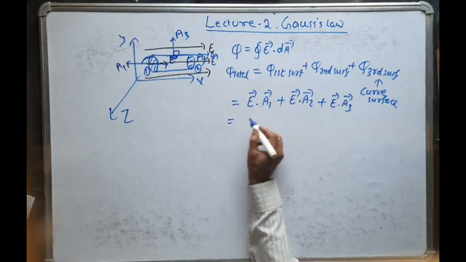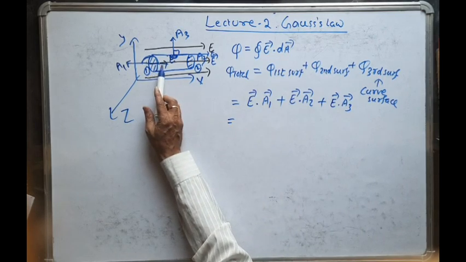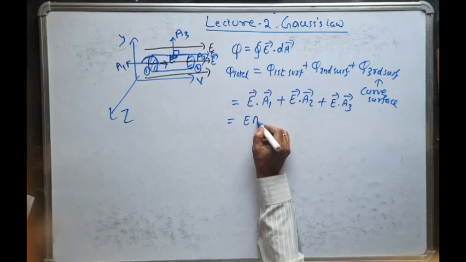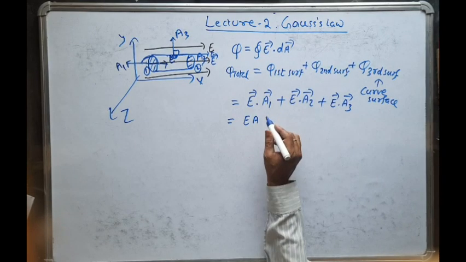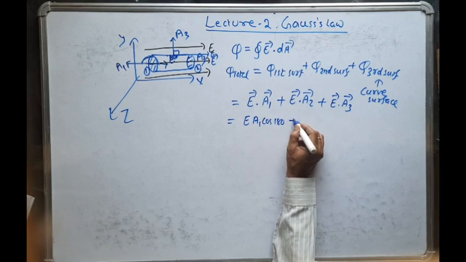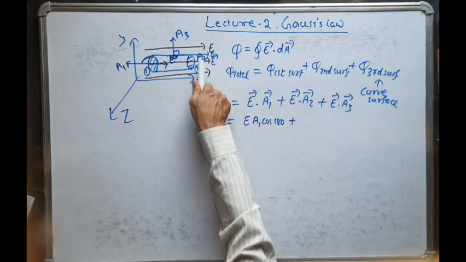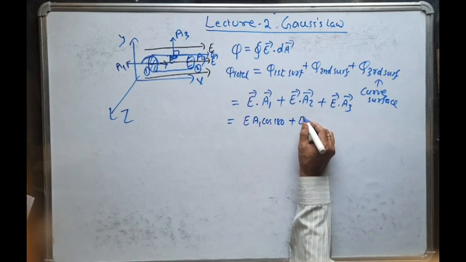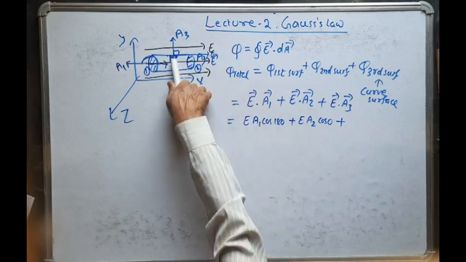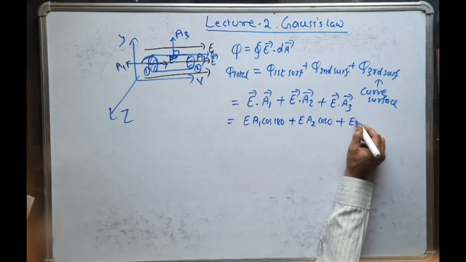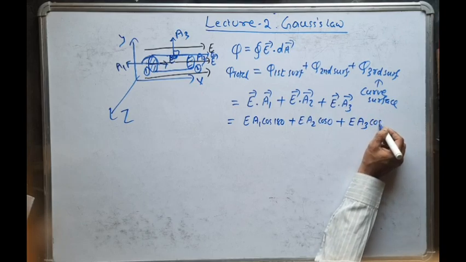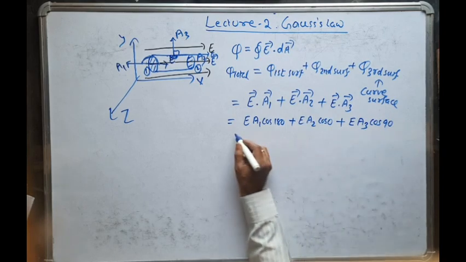So in the first surface the electric field is towards the right and the area vector is towards the left. The dot product of E and A1 is E A1 cos 180 degrees. For the second surface, E and A are in the same direction, so E A2 cos 0. In the third surface the electric field is E and the area is A3 into cos 90 degrees.